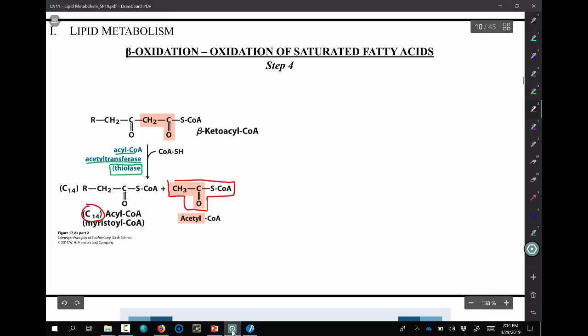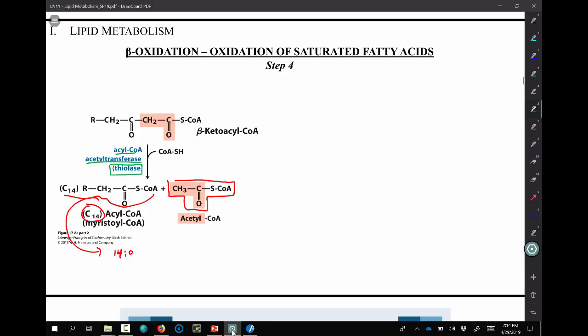Now we've got this guy here, and this would be 14:0. That will be after round 1. And now it's going to start back again at step 1: redox, hydration, redox, cleavage.